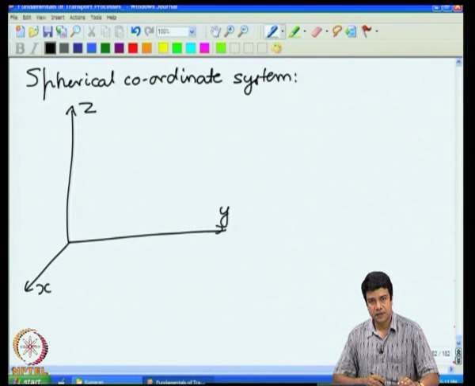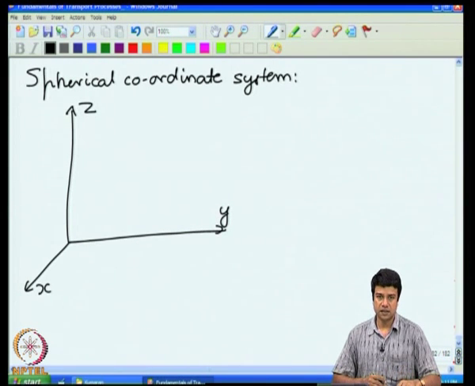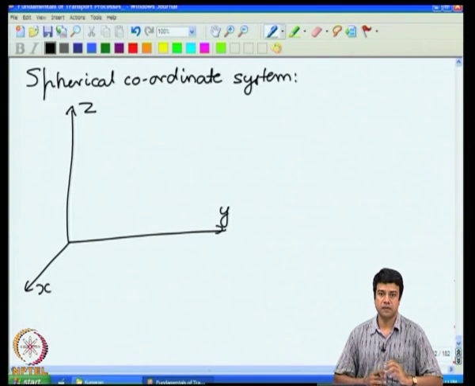A spherical coordinate system, as I told you, is used for configurations with spherical symmetry. For example, if you are analyzing the diffusion from a spherical catalyst particle, you would prefer a coordinate system where the surface of the particle is the surface of a constant coordinate.